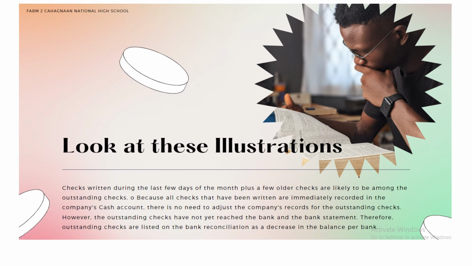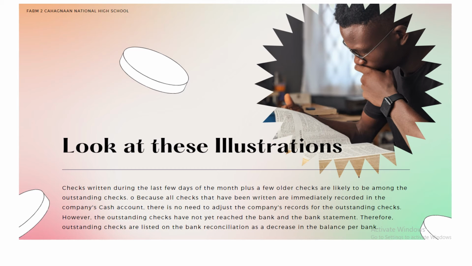Okay, checks written during the last few days of the month plus a few older checks are likely to be among the outstanding checks because all checks that have been written are immediately recorded in the company's cash account. There is no need to adjust the company's records for the outstanding checks. However, the outstanding checks have not yet reached the bank and the bank statement.